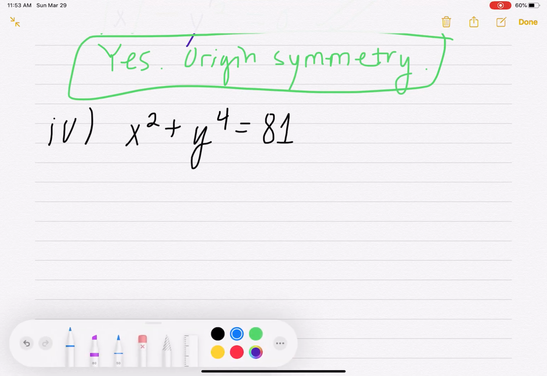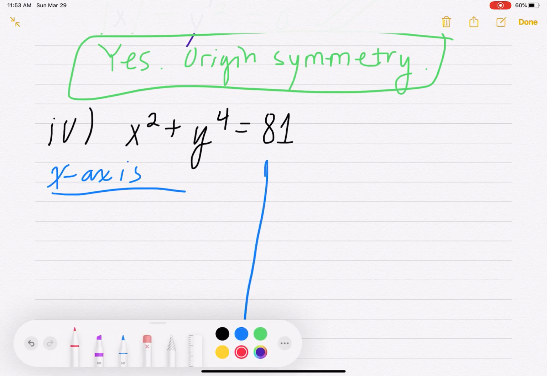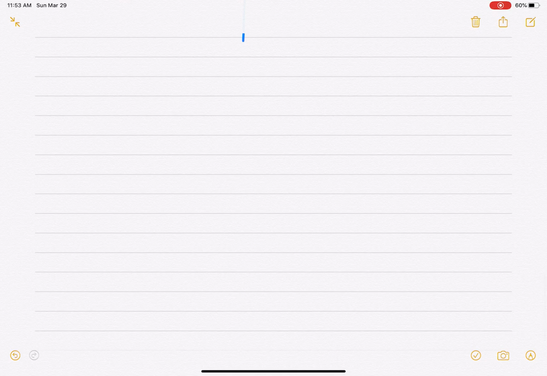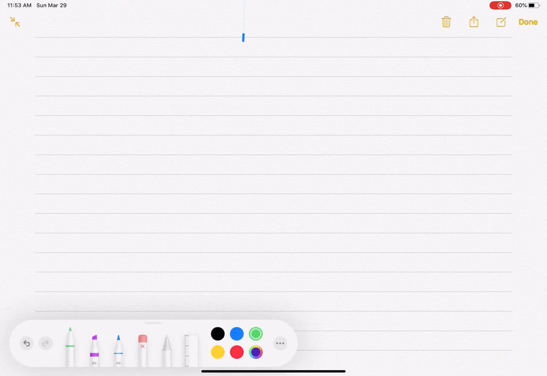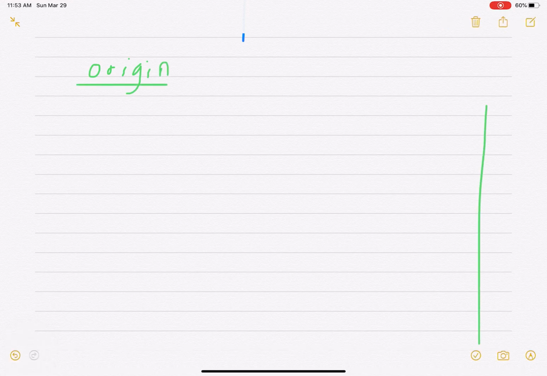So we're going to do all three types of testing. We're going to do the x-axis test first, and then we'll do the y-axis test, and then we'll do the origin test.